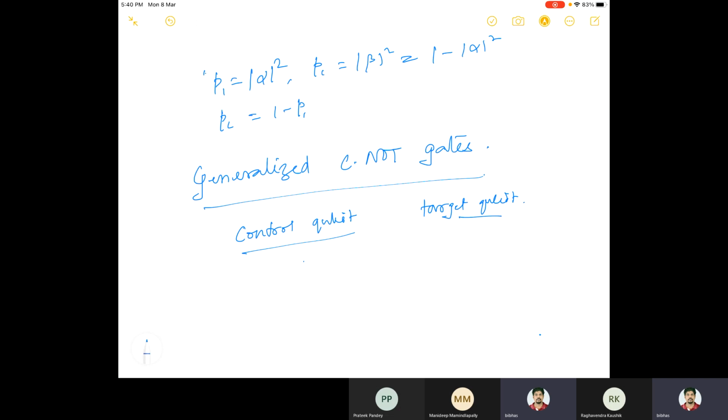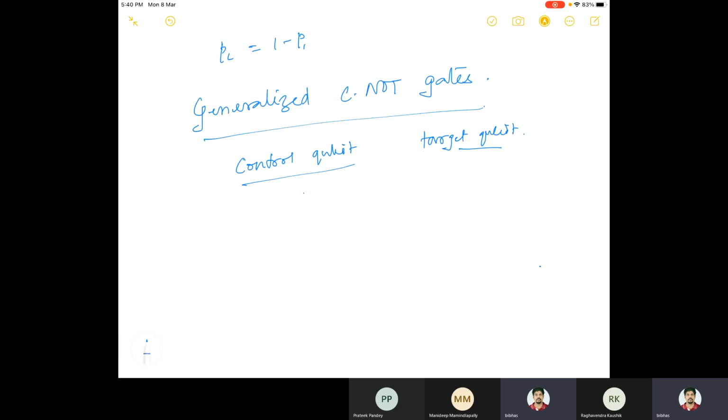I'll focus on four particular gates, and I'll just give you the mathematical form. Let me write down the matrices corresponding to those gates, and then I'll talk about which one is the control and which one is the target. Maybe you can also think about it yourself, kind of like homework.